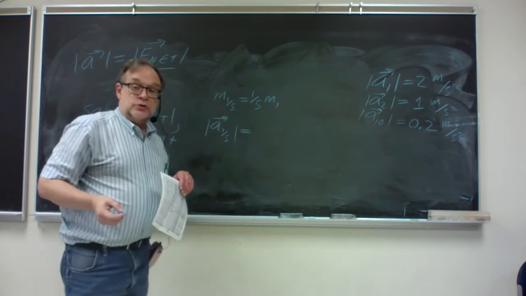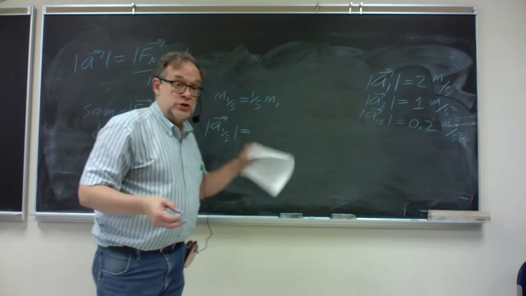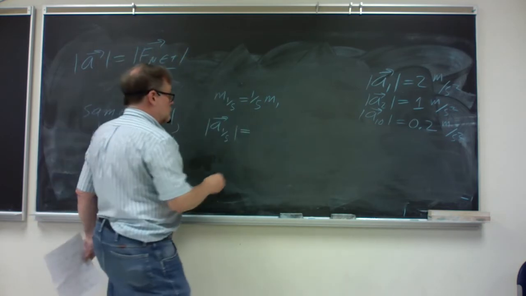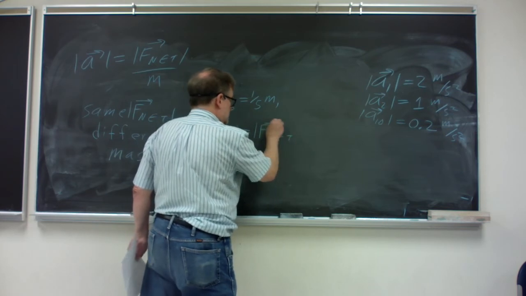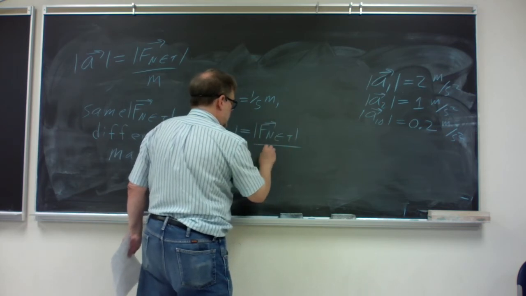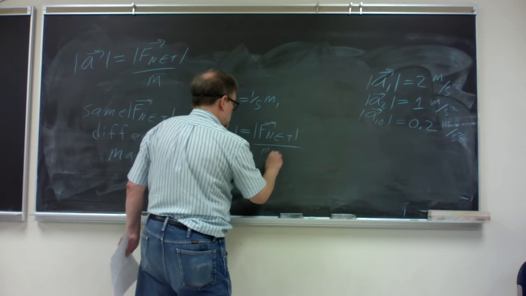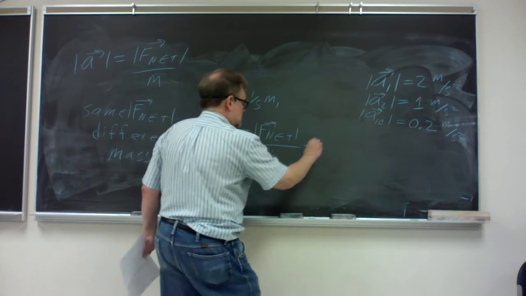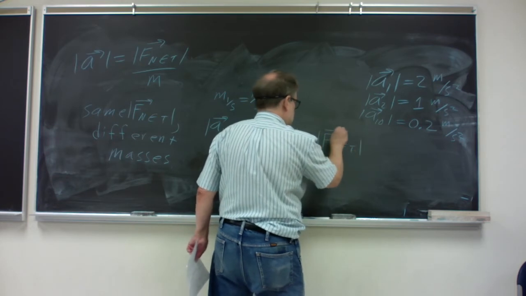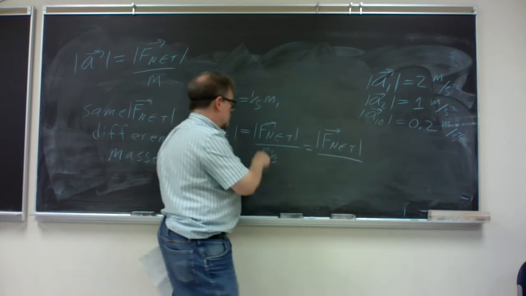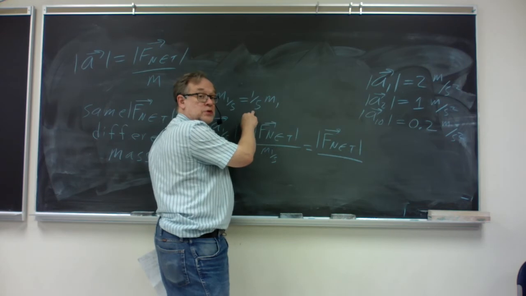The acceleration that you get by applying the same force as always to that new mass, M1/5, is just the same net force as always, divided by the new mass, M1/5, which is just 1/5 of M1.